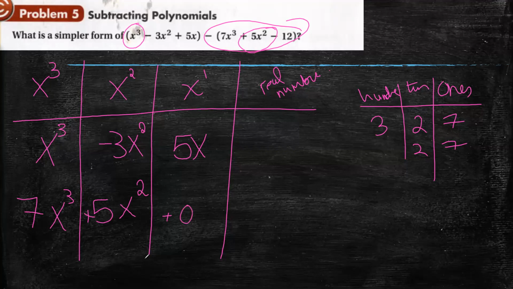Then for the real number, did I have a real number here? Yes, negative 12. So this is the first step. I will arrange them like this. Now for the first step, is it clear? Yes, teacher.